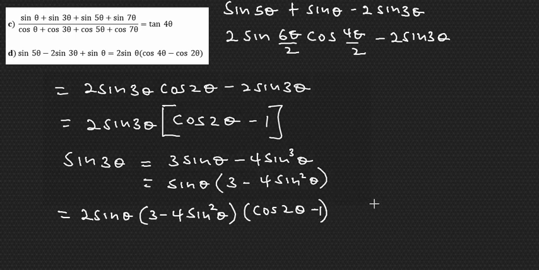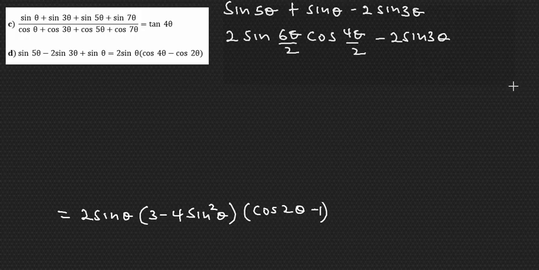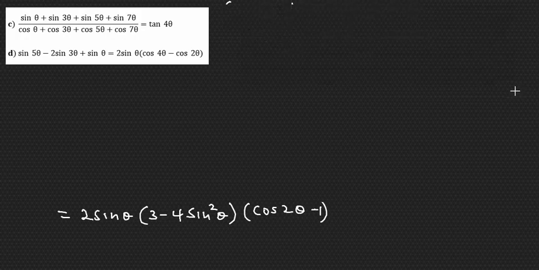Okay, so let us see. Now so far I have 3 brackets, but I want to observe that we have already obtained this 2 sine theta and 2 sine theta here, and there is a cos 2 theta here, but there is this bracket here. Let us first work on this bracket.